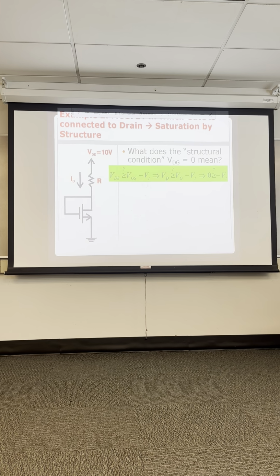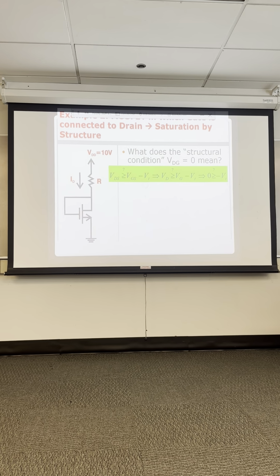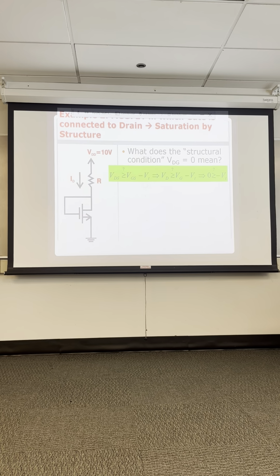We can reduce that to the drain voltage greater than or equal to the gate voltage minus the threshold. And these numbers here cancel out, so it is 0 greater than or equal to minus V sub T. And it says yes, so this transistor is always in saturation.